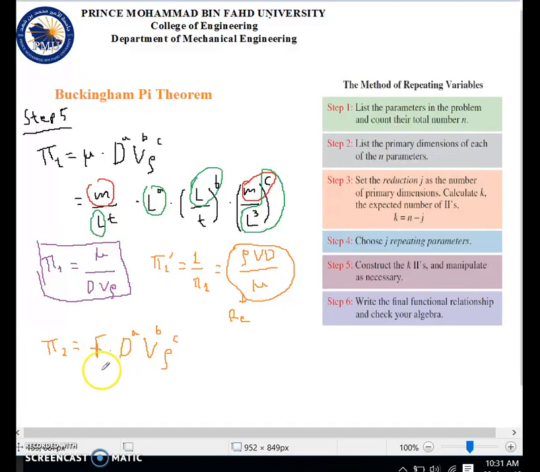Again, the units of force are mass, length over time square. The units of diameter are length to the power of a. The units of velocity are length over time to the power of b, and the units of density are mass over length cube to the power of c.